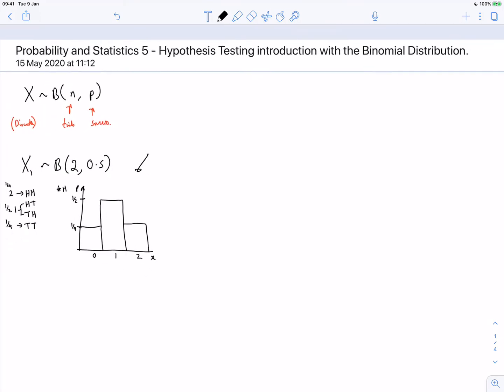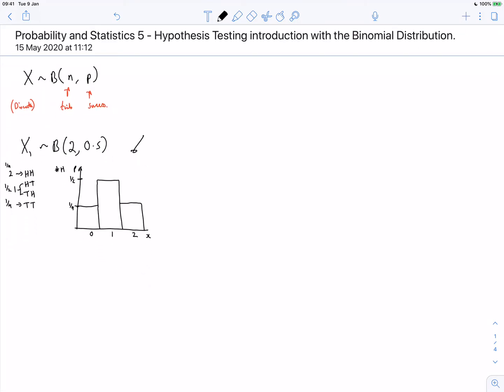So what is hypothesis testing? Hypothesis testing is all about using a distribution, whether it's perceived or experimental data, to check whether a hypothesis is true or not. So what is a hypothesis?